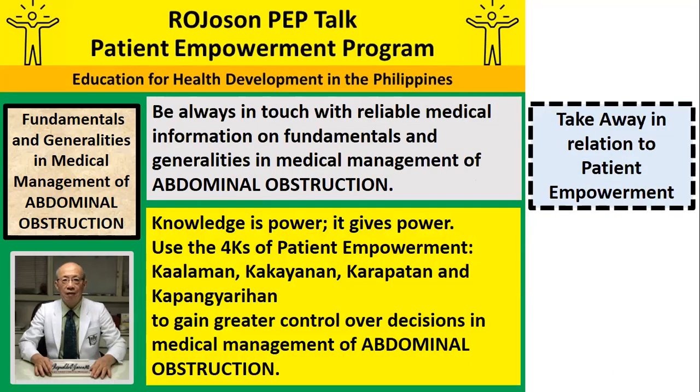So takeaway in relation to patient empowerment: be always in touch with reliable medical information on fundamentals and generalities in medical management of abdominal obstruction. Knowledge is power. It gives power. Use the 4 Ks of patient empowerment: kaalaman, kakayanan, karapatan, and kapangyarihan to gain greater control over decisions in the medical management of abdominal obstructions.